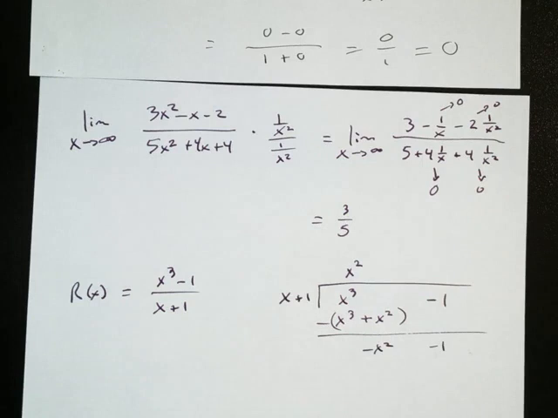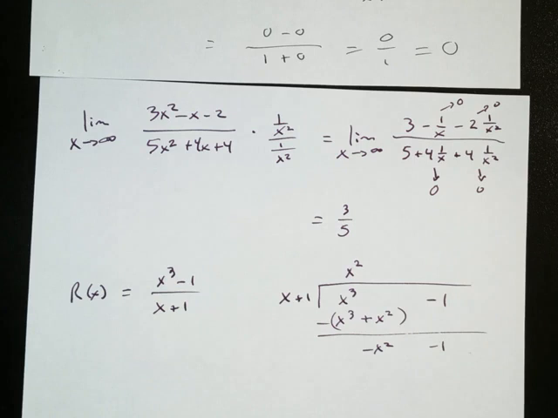But the fact that I already know that this is x squared with stuff left over tells me what's going to happen as we go out to infinity: we're going to kind of look like x squared rather than a horizontal line. That's not a horizontal asymptote.